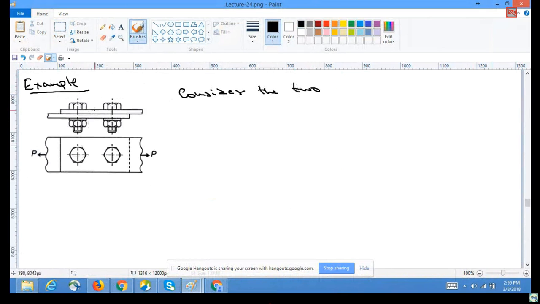These are the plates fastened by means of two bolts as shown in the figure.